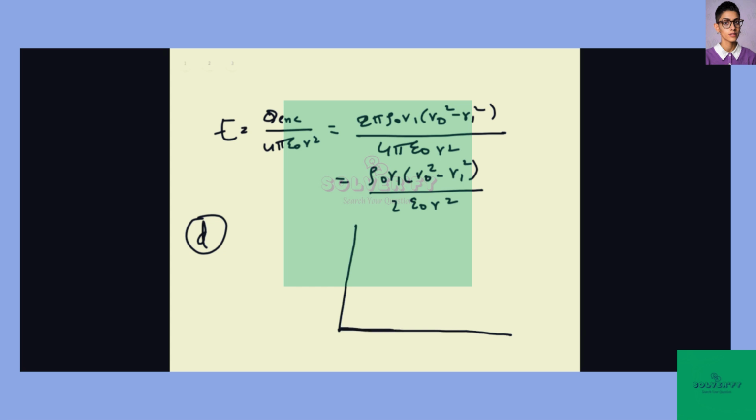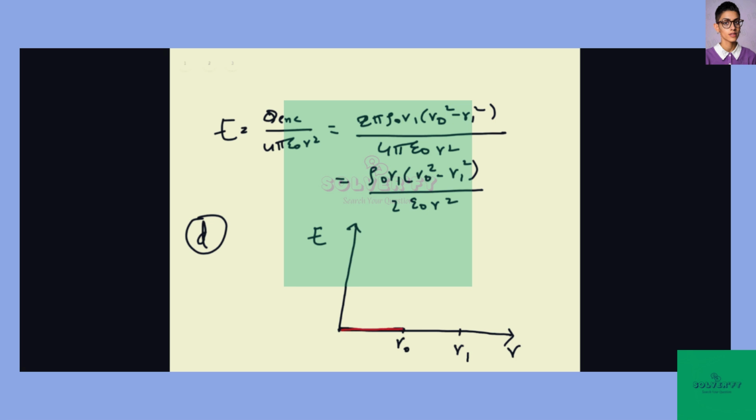We are plotting the field E versus r. Until r is equal to r1, your field must be 0. Of course, you have not been given r1, so you can simply choose r1 to be 2 r naught.